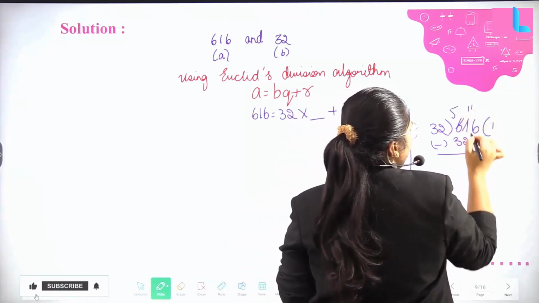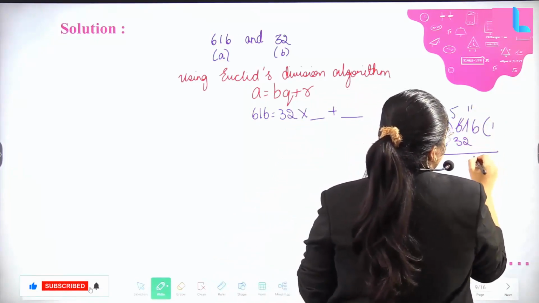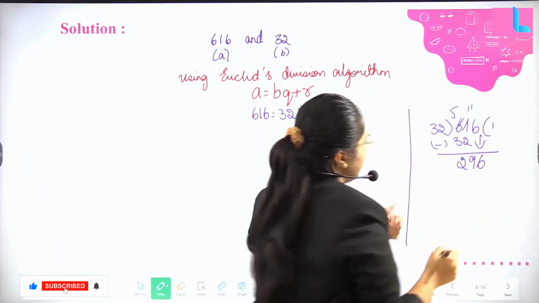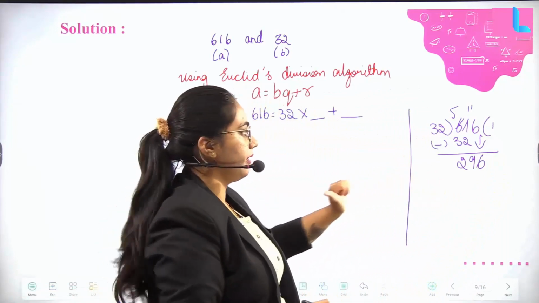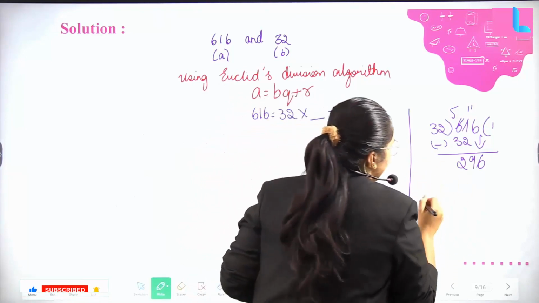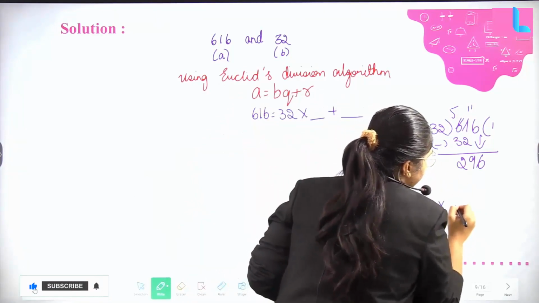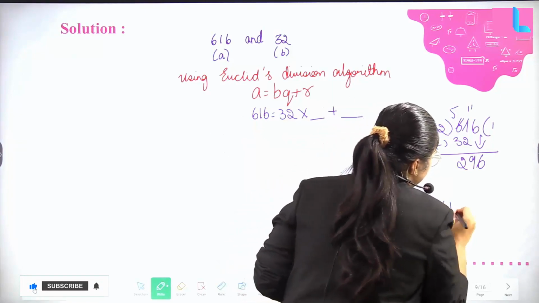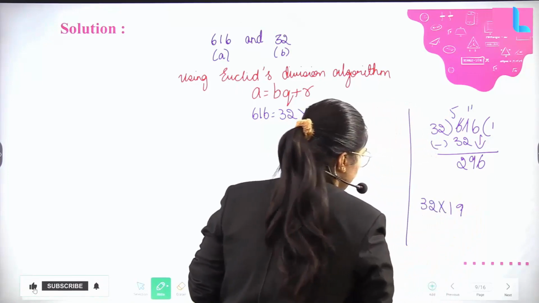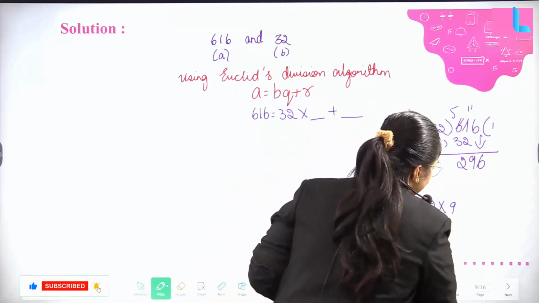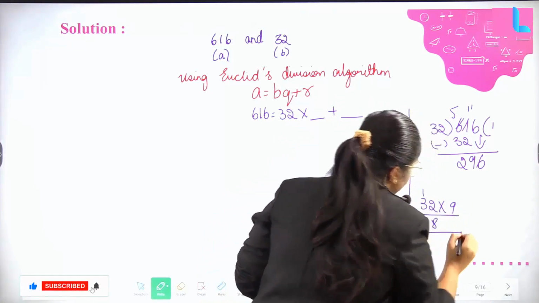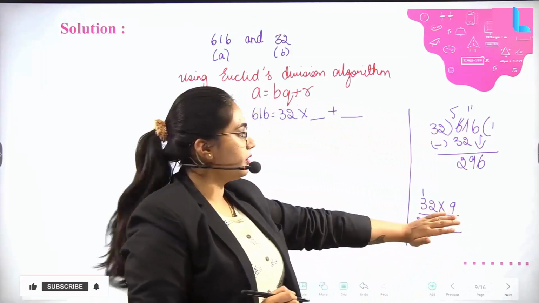You have to carry this down. 32 how many times is 296 is what we have to find. 32 ten times is 320, which exceeds, so 32 nine times is 288.